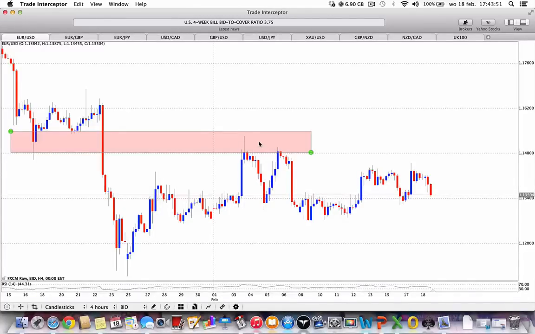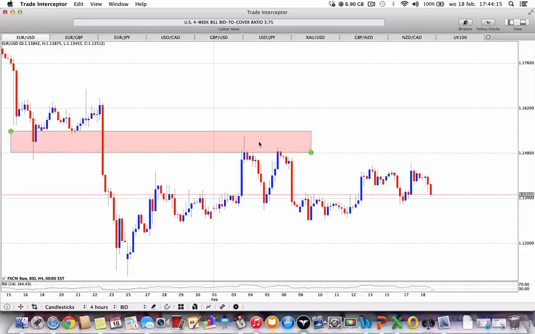So these structures are something that you will always see on every chart, either a 4-hour chart or an hourly chart. But a support or resistance zone or level is more significant on a bigger time frame than on a shorter time frame.